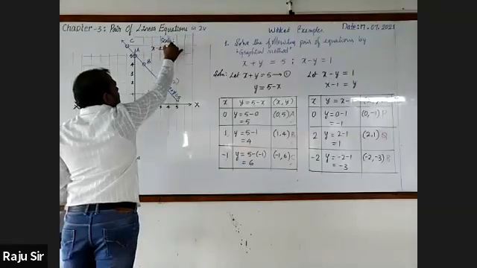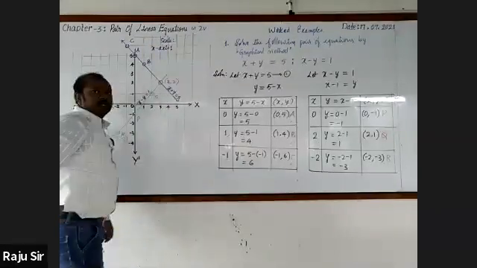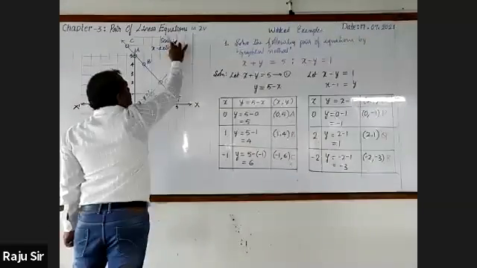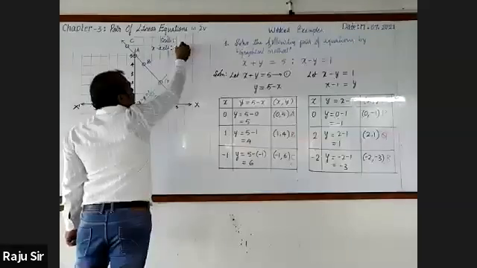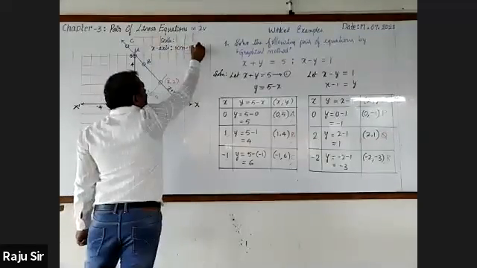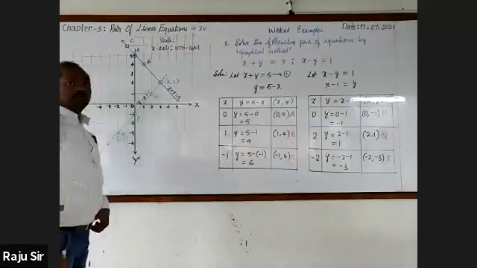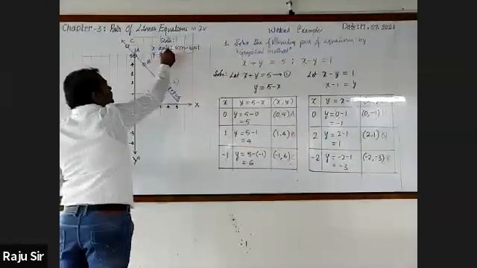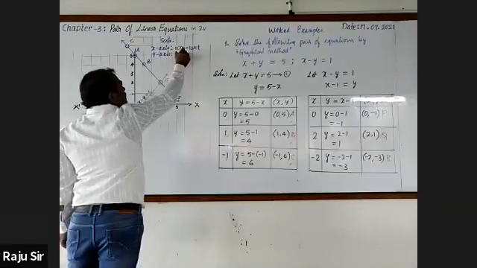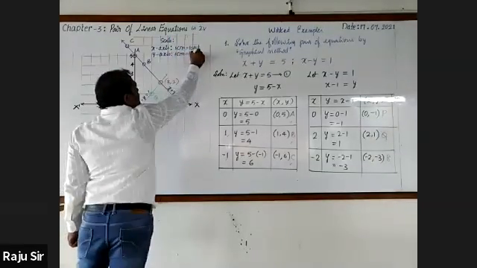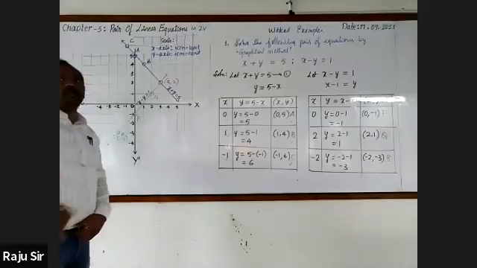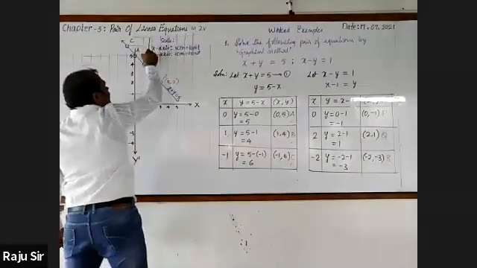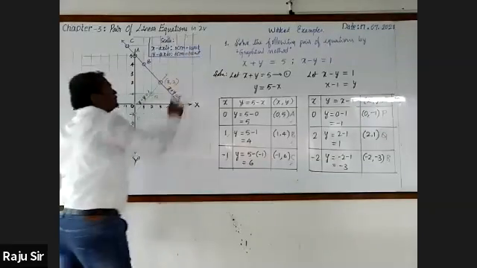X axis: 1 centimeter equals 1 unit. Next, y axis: 1 centimeter equals 1 unit. When you draw both x and y axis, 1 centimeter equals 1 unit. That can also be written, and you can highlight this in a box.